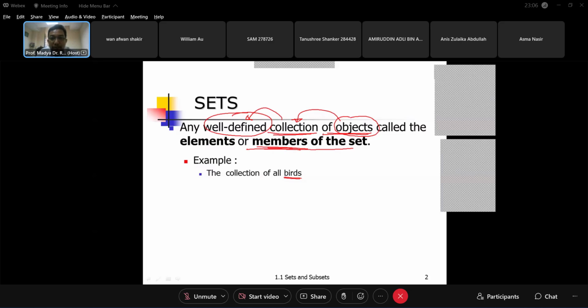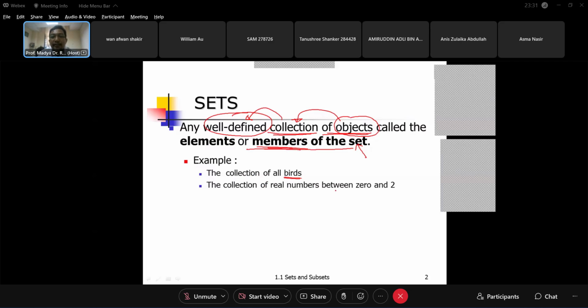The collection means we put it as a set. That's why once we talk about a well-defined collection of objects, we simplify the idea and call them members of the set. That's the word I will use, member of the set, not the collection of the object. For example, the collection of all birds means members of the bird set.